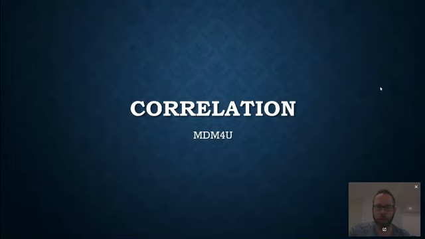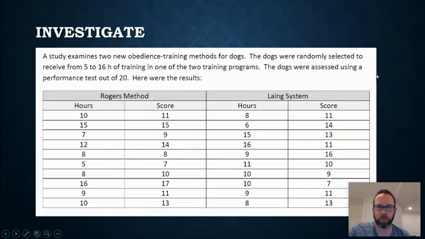So we're going to start off with a little investigation, a little motivation problem. I have this data in table form already entered in a Google Sheet, and I have shared that link with you on Brightspace. So you'll be able to follow along with me. You don't need a handout for this.